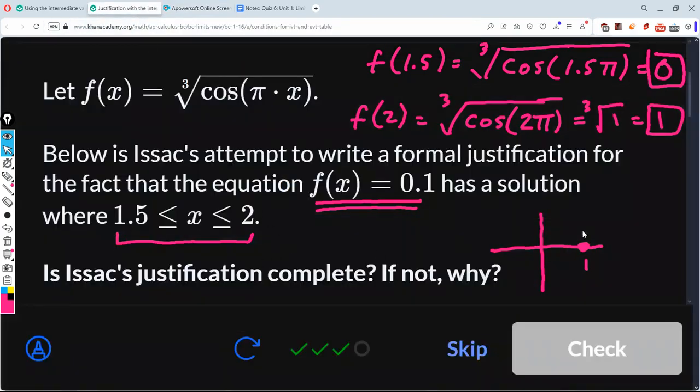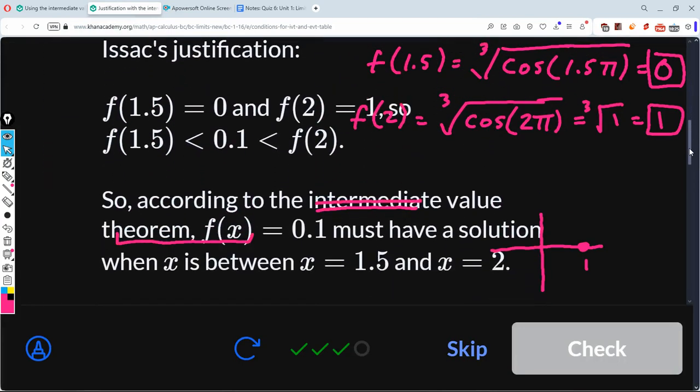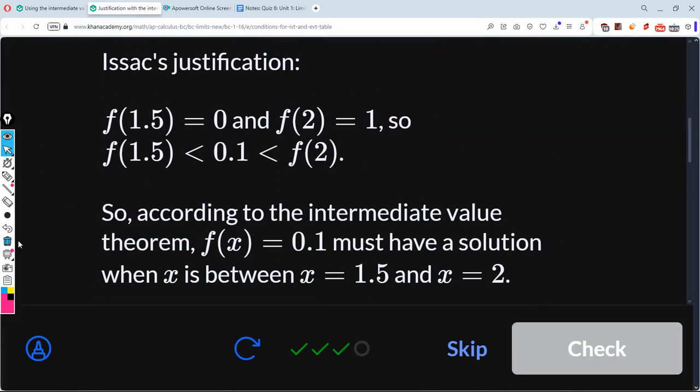All right, so let's scroll down and read his justification. He solves for f of 1.5 and f of 2, and he says that 0.1 is in between those two values. So that part is correct.